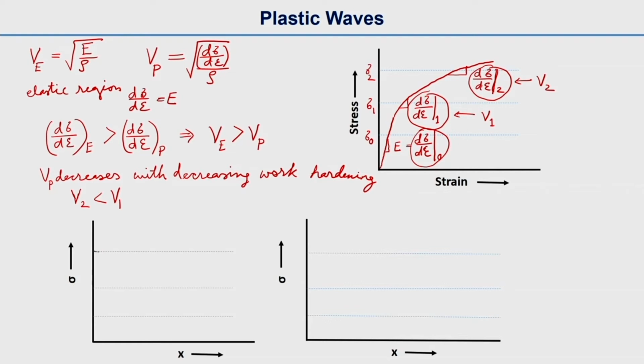So the velocity, we will start from the bottom. Here the velocity is high and constant, and then it will change. Here we should write this also at sigma naught, at sigma 1 and sigma 2.